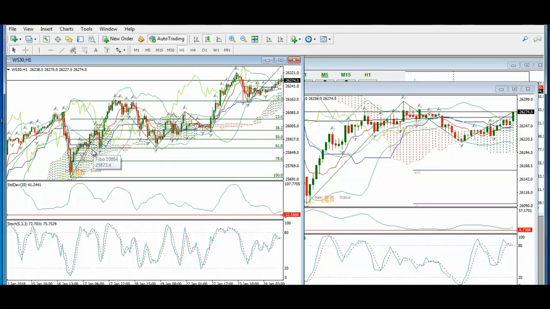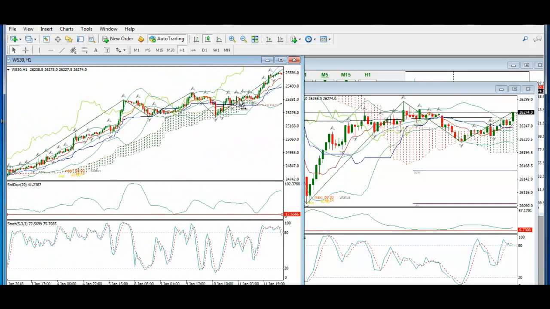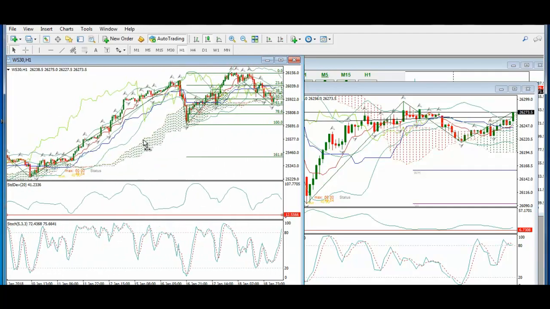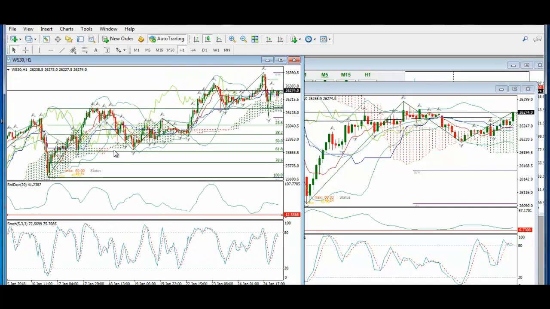You know, every time you see a retracement back there, you understand that this works like a clock, because remember, these movements here are made by computers.